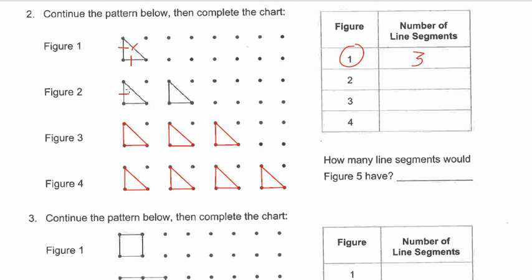Figure 2, 1, 2, 3, 4, 5, 6 line segments. And you'd proceed and you'd start to notice a pattern. 3, 6, and we can predict that next will be 9, and then 12. And then it says, and I'm not going to give this to you, how many line segments would figure 5 have? You need to continue the pattern to figure that out.